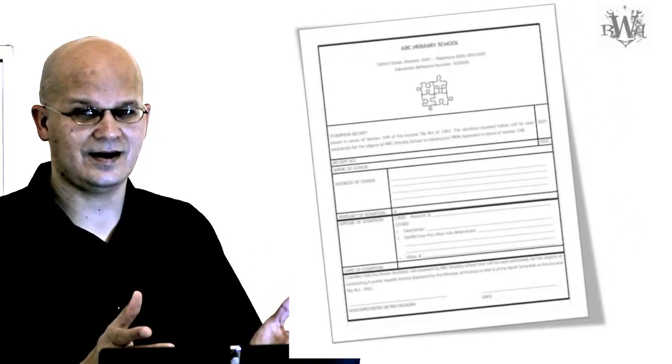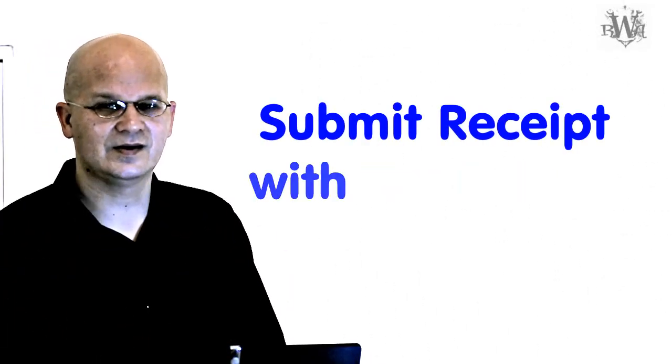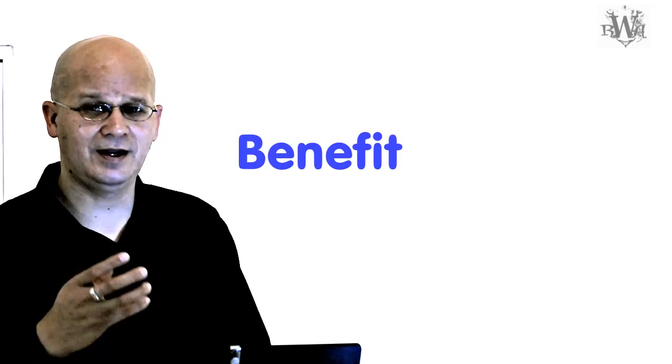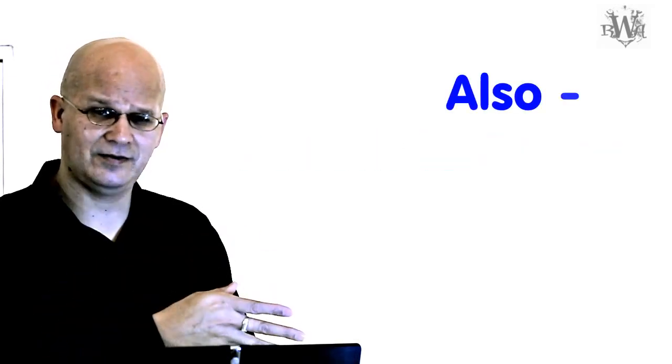The receipt I will use when I submit my tax returns, and then SARS will give me a deduction on my taxable income. So it's a benefit to me, but it's also a benefit to the organization, because some donors, especially corporate donors, prefer to donate to that kind of organization because of the tax incentive that's linked to that.